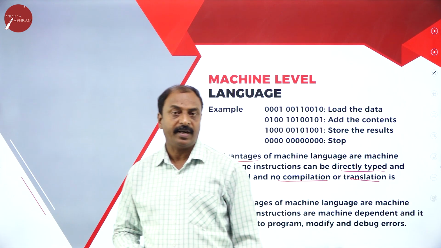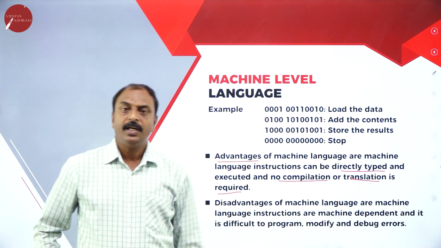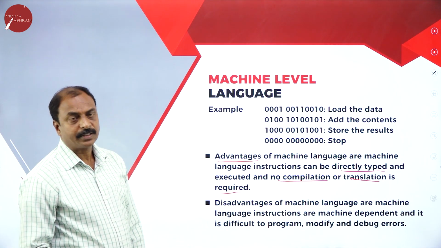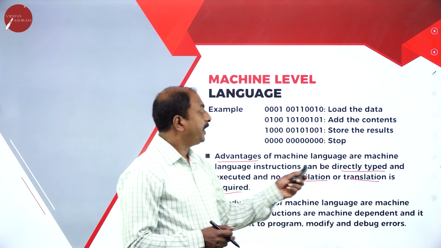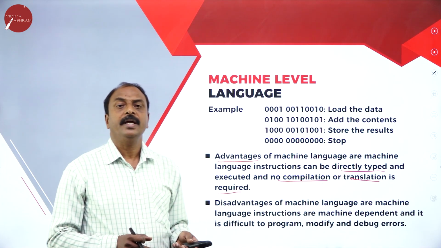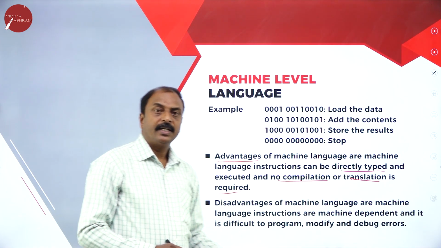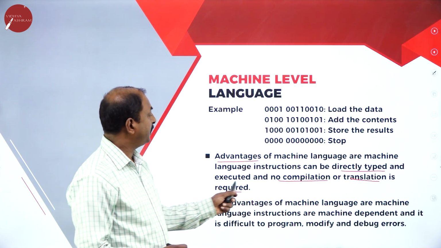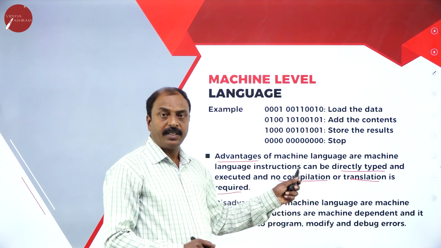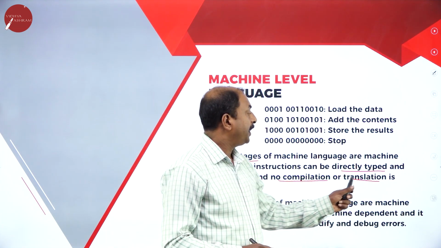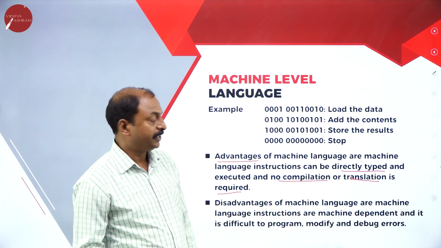As the computer can understand only machine level language, the programmer can directly type the instructions, and the same instructions can be executed as they are. We need not use a compiler or interpreter for translation.